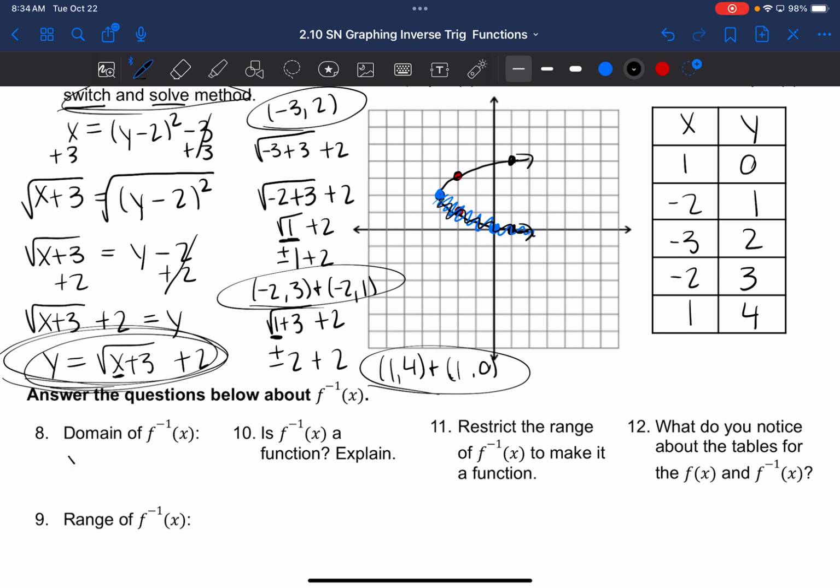So x is greater than or equal to -3, since that is a solid point right there at -3. Okay? And you guys said that this was not a function as it was originally drawn, right? And your guys' reasoning was it didn't pass the vertical line test, which meant that it had x values that repeated.